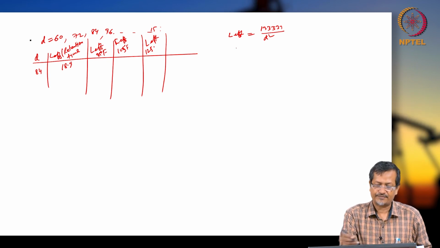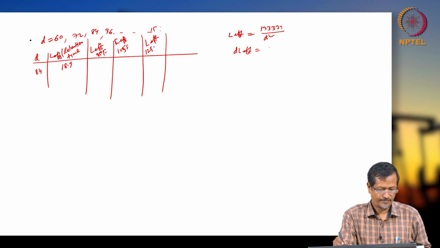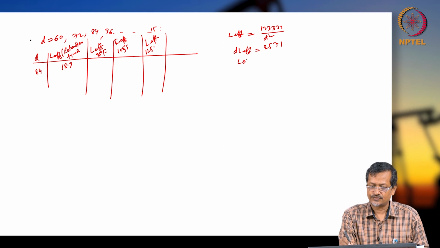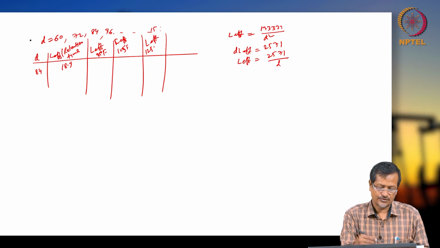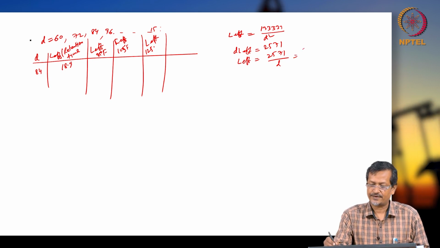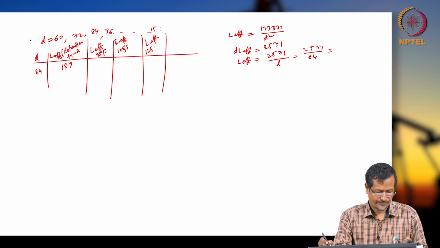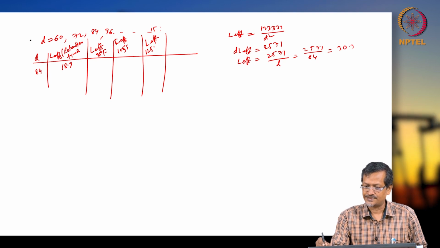Similarly for 85 degree, the d Leff value we have is 2571. So Leff equals 2571 divided by d. From there, if you put d value 84, 2571 divided by 84, the value will be 30.6.